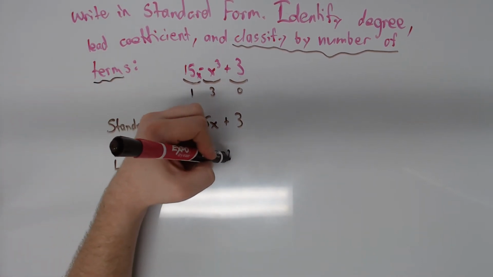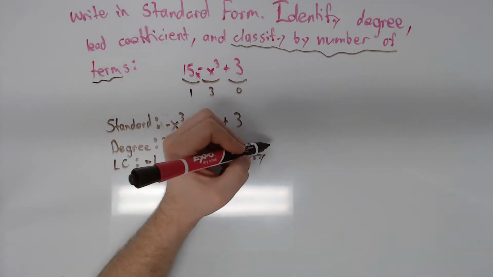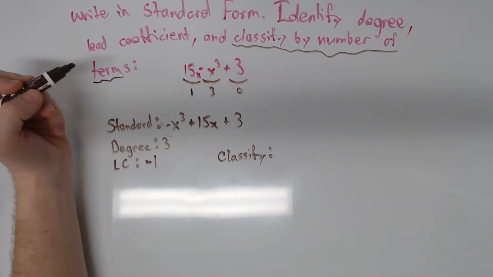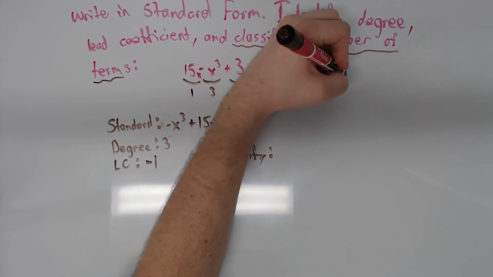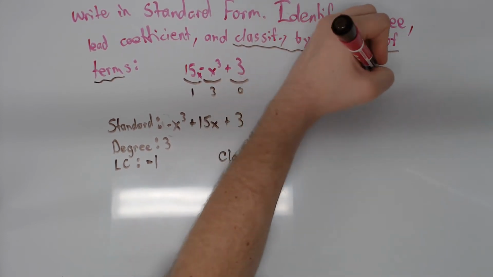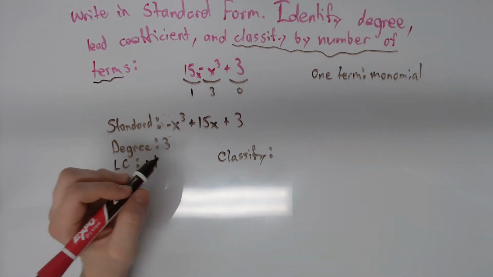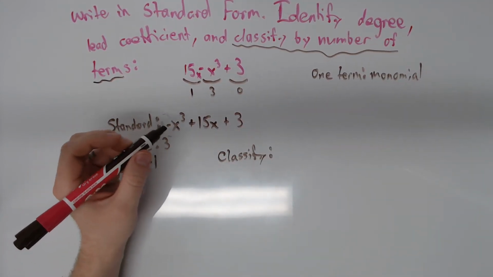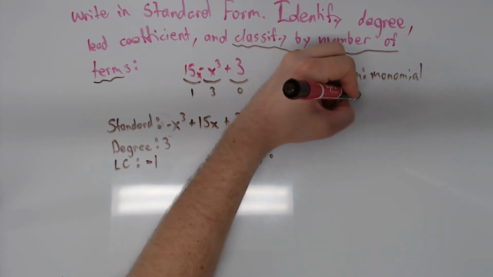Now to classify it, there's 4 names. One term is monomial, so that's not ours. Mono means one term. 2 terms, also not ours.